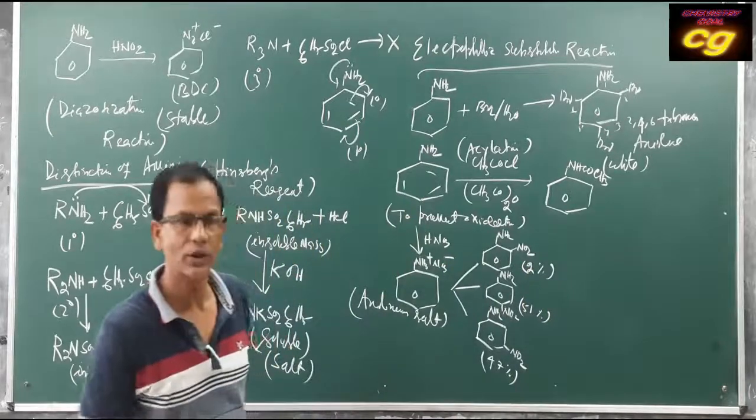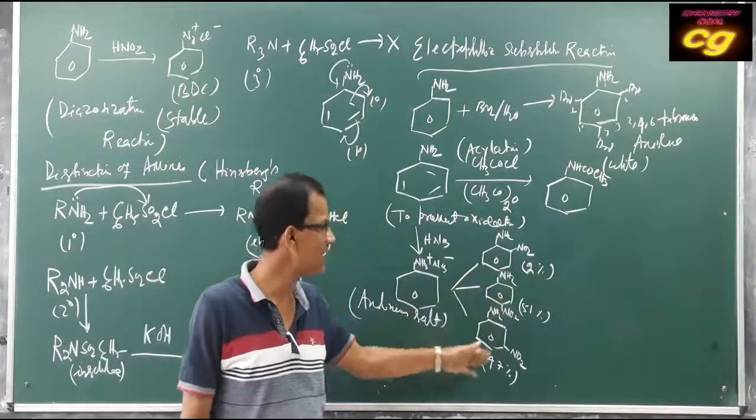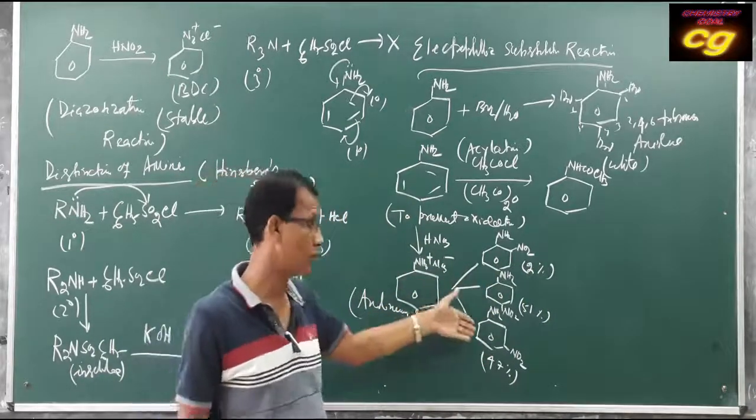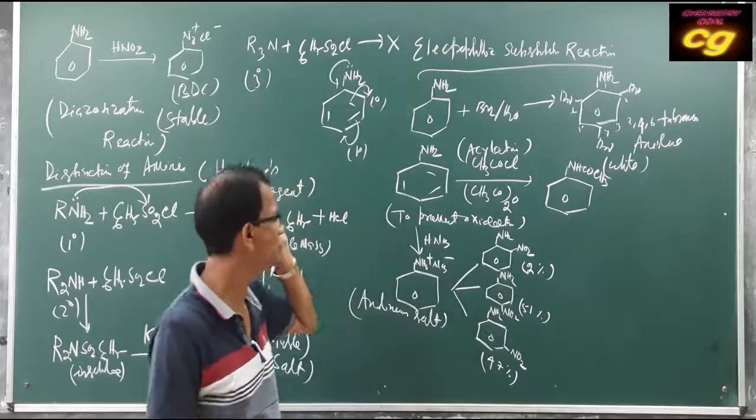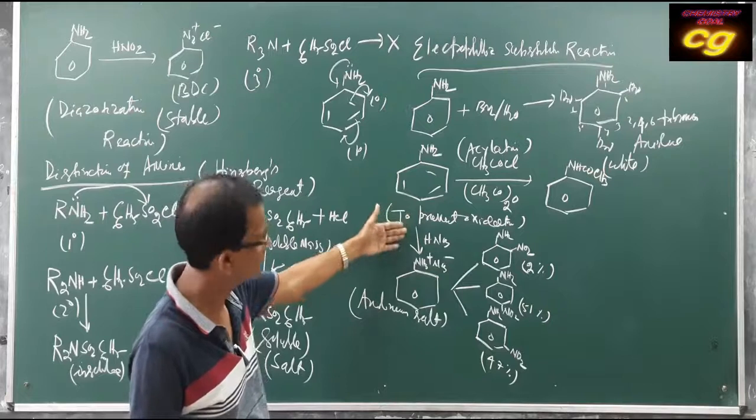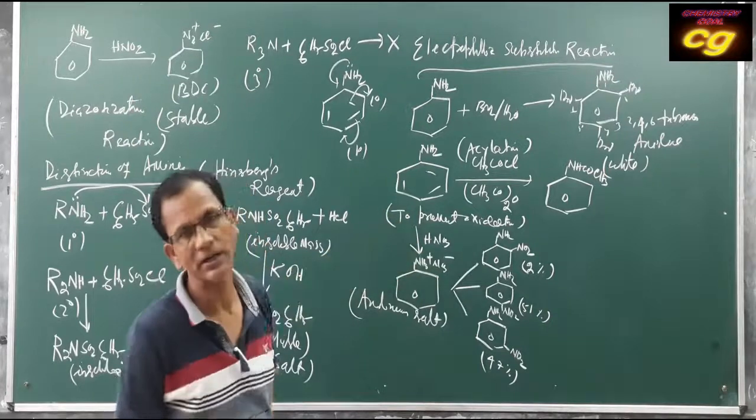So a mixture of ortho, para, meta nitroaniline will be produced due to oxidation of aniline by nitric acid.